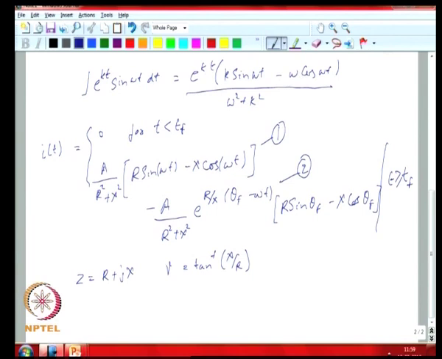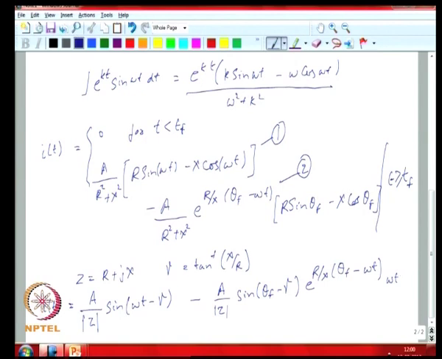So, you could then rewrite this particular expression for i of t as A by magnitude of Z sine of omega t minus gamma, and A by magnitude of Z sine of theta f minus gamma, e to the power of R by X times theta f minus omega t, for omega t greater than or equal to theta f, or t greater than Tf.